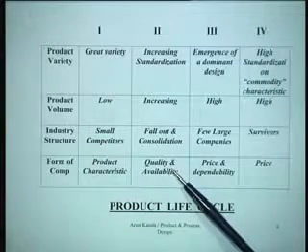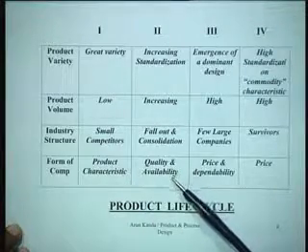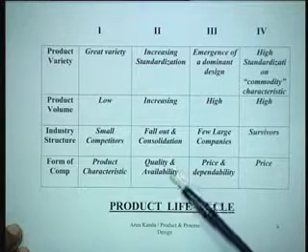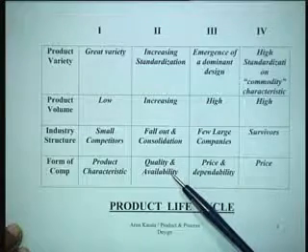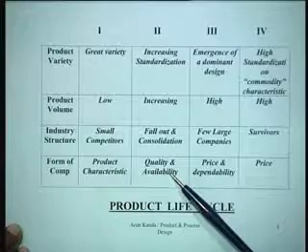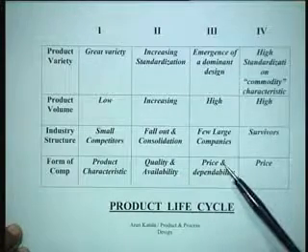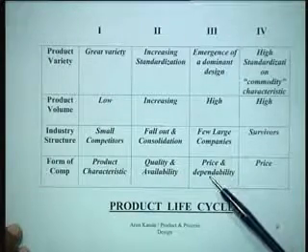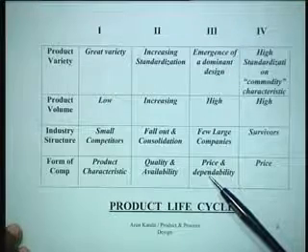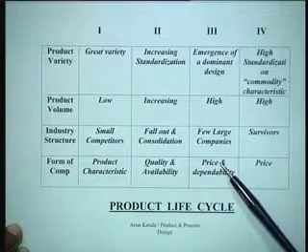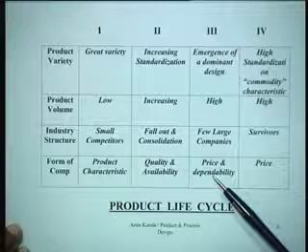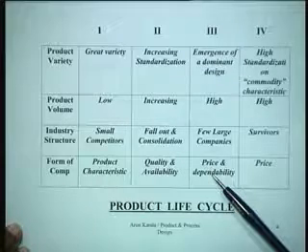As sales volume increases, the competition generally is on the basis of quality and availability. That's the main thing. At the third stage, it just becomes price and dependability. Right? You should be able to get a suitable price, and the supplies should be dependable in that sense.